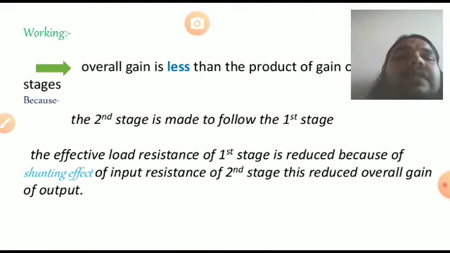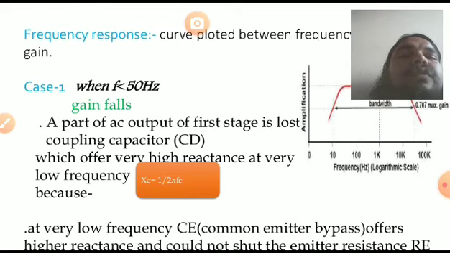The effective load resistance of the first stage is reduced because of the shunting effect of the input resistance of the second stage. This reduces the overall gain of the output.